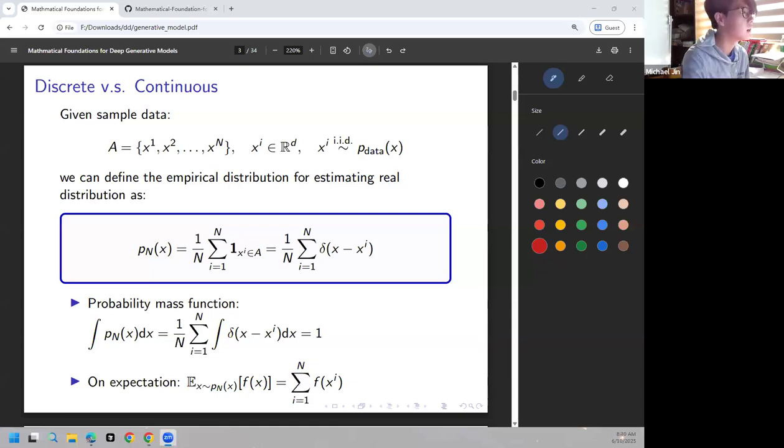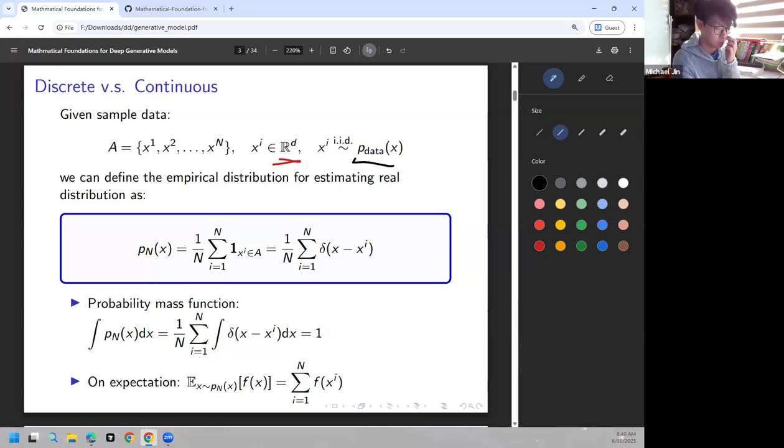We can see here that we are only given a set of data, written as the set A here, which contains capital N samples from X1 to Xn, and each Xi is in R of D, which means our model dimension is D. In the next slides, if I write R of D, it means that our model dimension is D. Each sample is assumed to be independently and identically distributed from the data distribution.